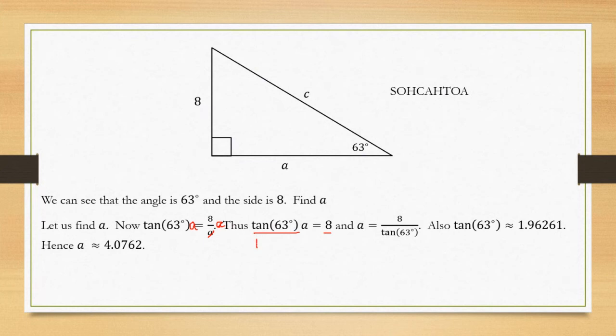I want to show the work. Bear with me. I hope this is making sense. I'm trying to show all the calculations. So now these are going to cancel, and we get A is 8 over tangent of 63 degrees. So that's what we get here.